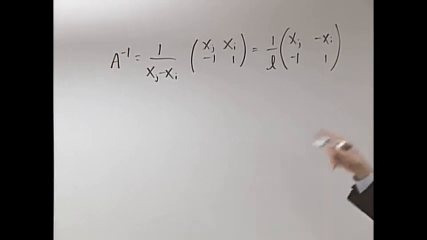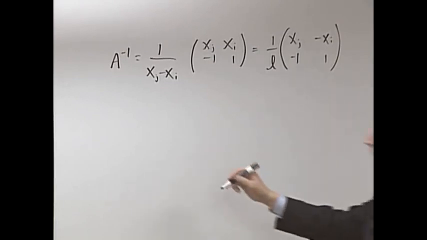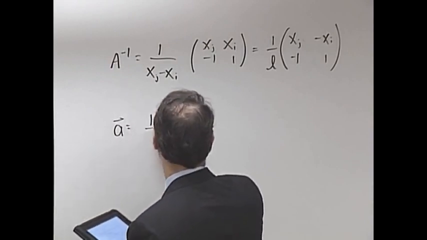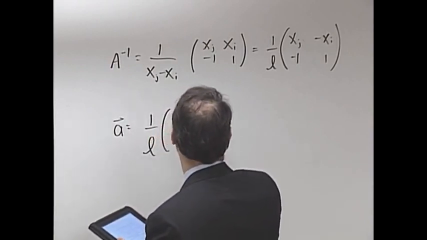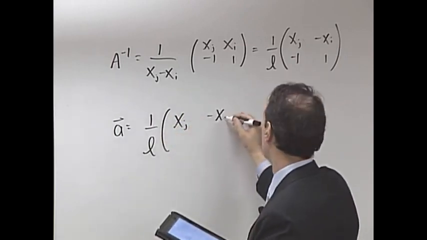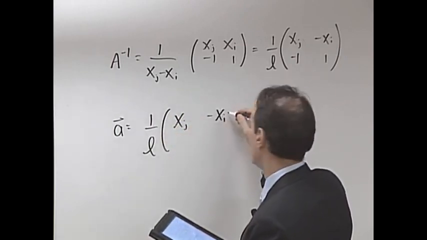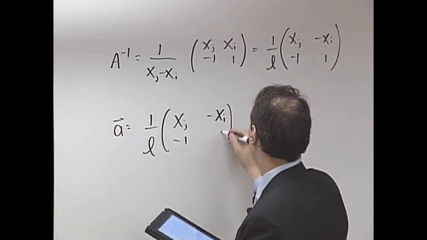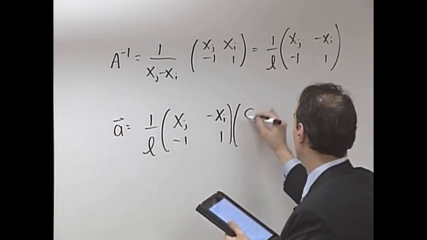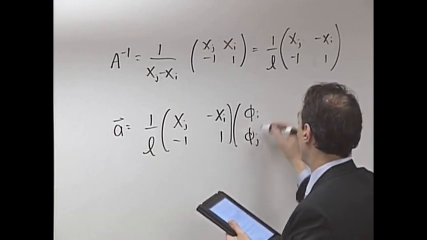So now I'm going to apply that and put that into this formula here. So A is equal to this 1 over L, and then this is the inverse, xj, minus xi, negative 1, 1, and then what's over here is phi i, phi j.